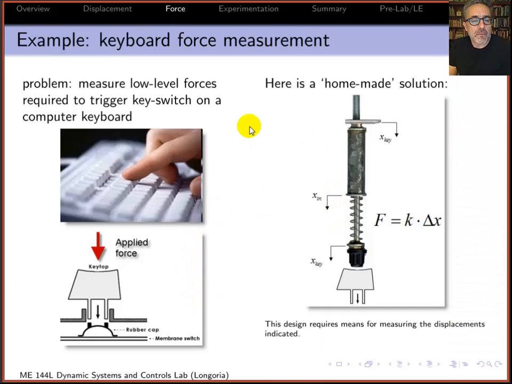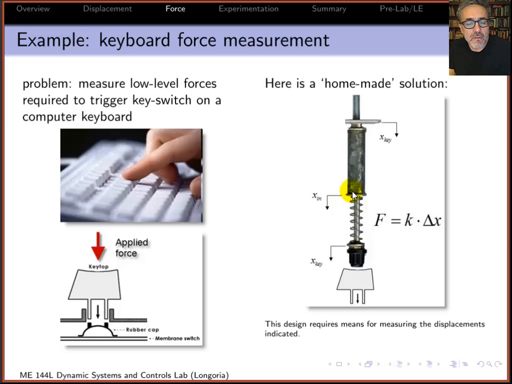So here's an example of a device for measuring, say, a keyboard force, and I just wanted to show you, you can make this very elementary. You want to apply a force, say, on a keyboard. I built this a few years ago, and use a known spring value.